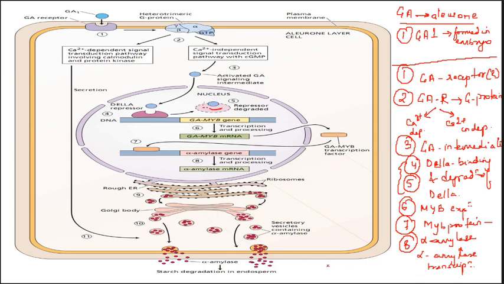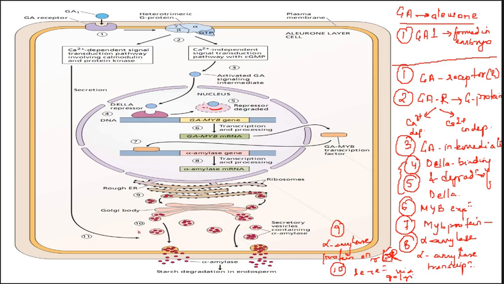After which we see alpha amylase translation on rough ER, and the last step, the secretion via Golgi.